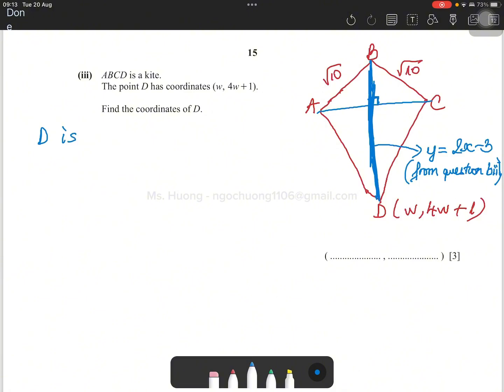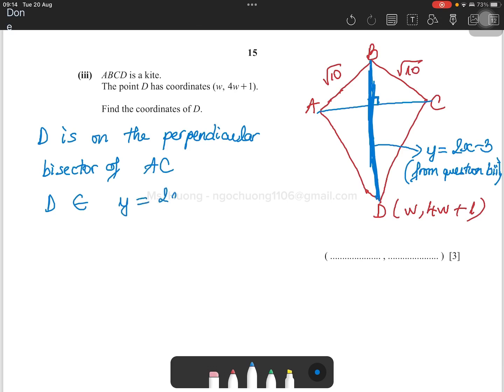D is on the perpendicular bisector of AC. So D belongs to the line y equals 2x minus 3. And the coordinate of the point D is W, 4W plus 1.